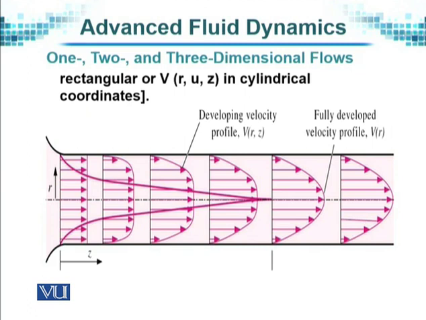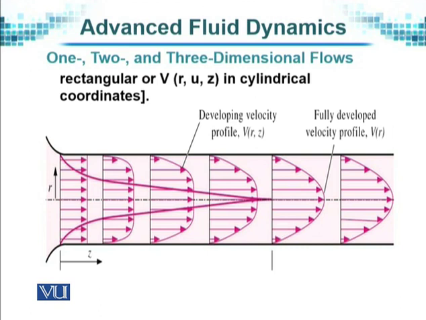You can look at it. It has a maximum value at r equal to 0. It has a 0 value at the boundary where the radius is equal to r. R may be equal to a there, if a is the radius. But in between it is changing. Close to the boundary, the velocity is very small.